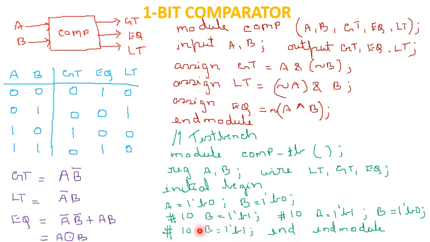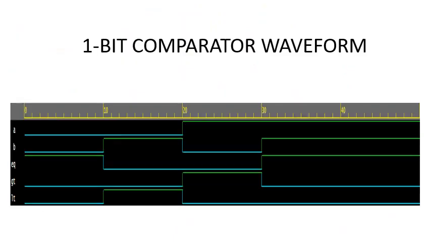Okay. So here what happens is whatever previous value of the signal will be retained. You must have noticed this in the simulation waveform. If you don't give anything in the time, as long as the run length is displayed, it will retain its previous value. Now let us observe the 1-bit comparator waveform obtained after the simulation of the test bench that we have written in the previous slide.